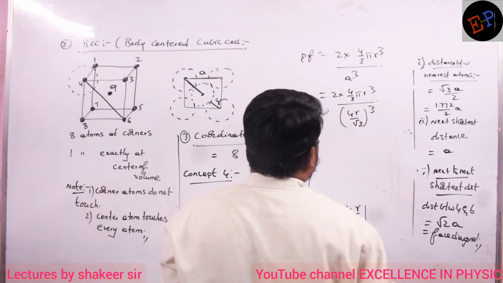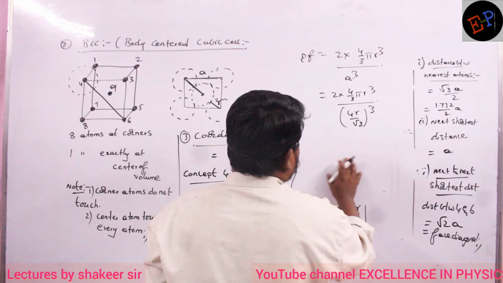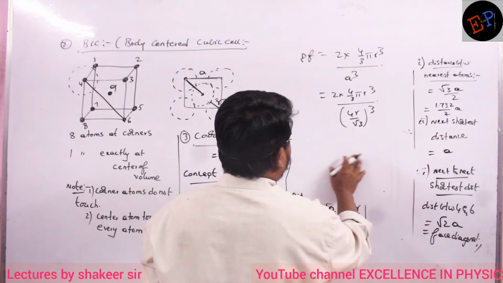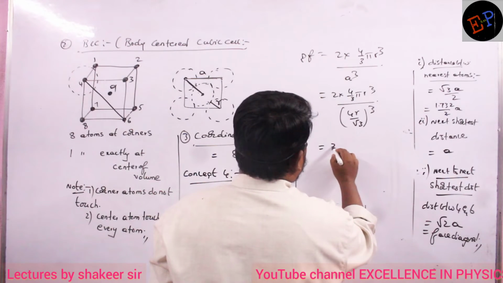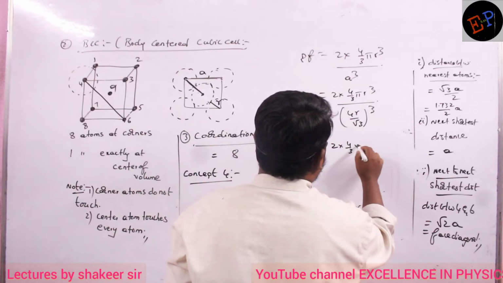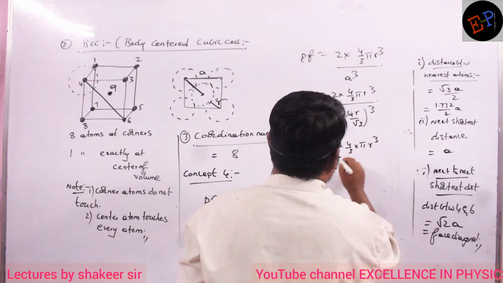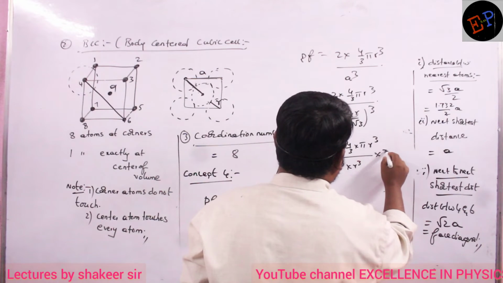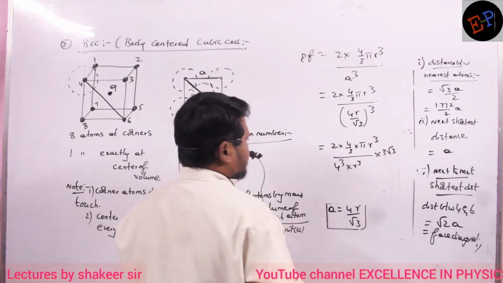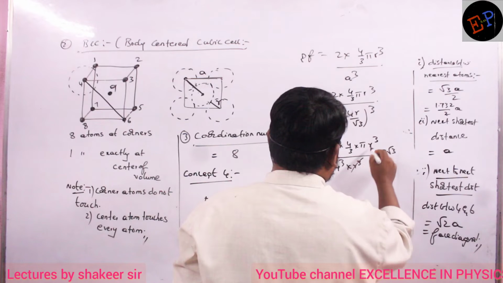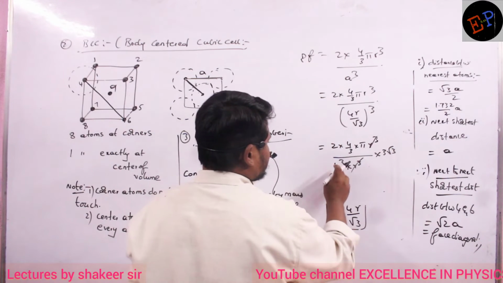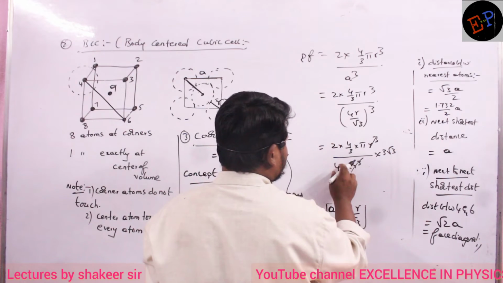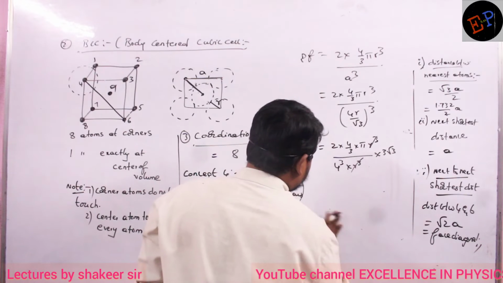Now see which terms can get cancelled. So 2 into 4 by 3 multiplied by pi r cube divided by 4 cube multiplied by r cube multiplied by 3 root 3. So r cube and r cube get cancelled.